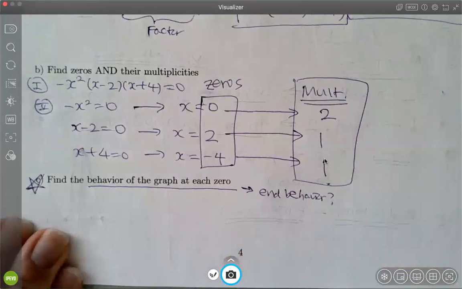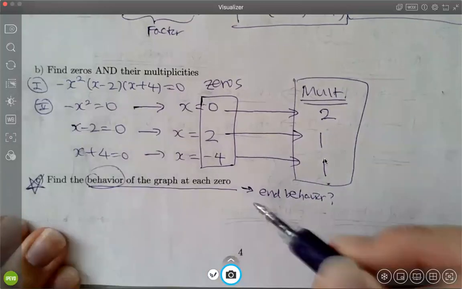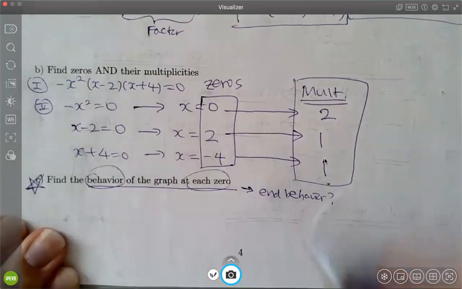If it were the end behavior, it would explicitly say end behavior, or how does the function behave at the ends. But it just says behavior at each zero. So what does this question even mean?